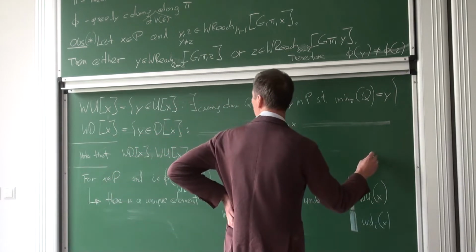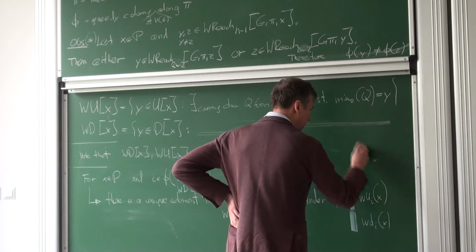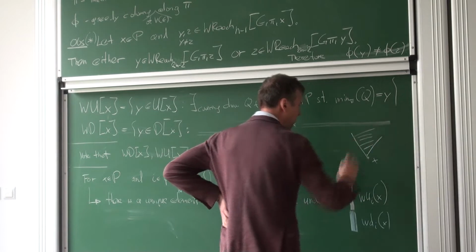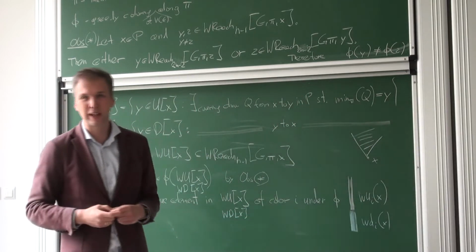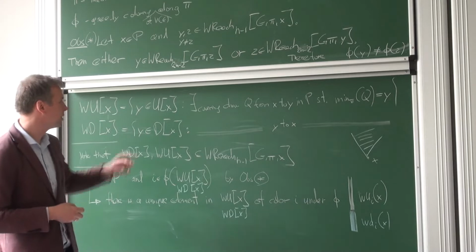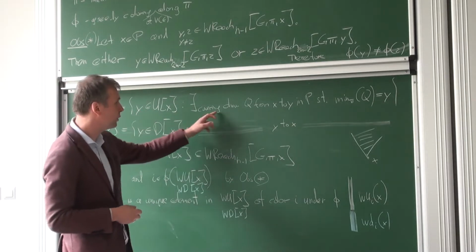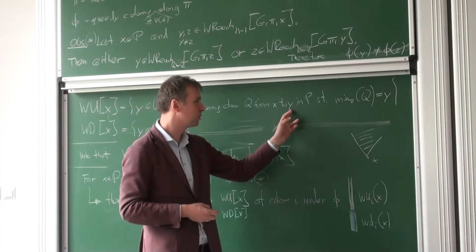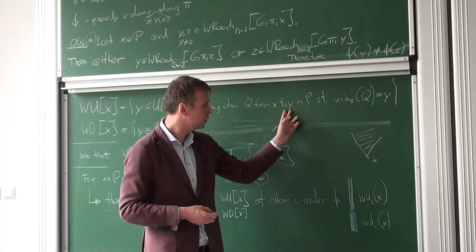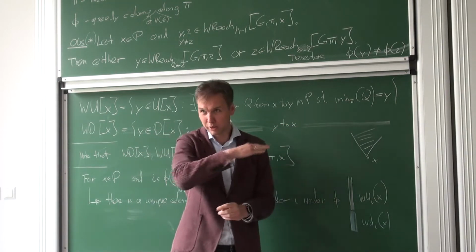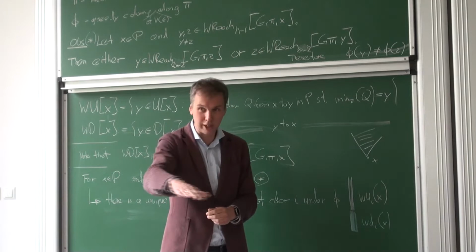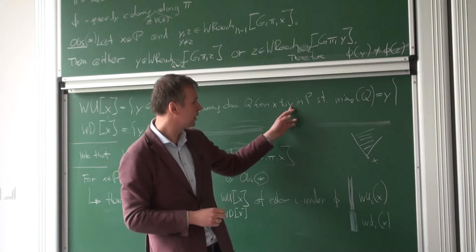So given x, you look at the upset of x, but you don't take everything. What you take are those elements for which you have a covering chain from x up to y, such that when you look at this covering chain, how does it look on pi? The final vertex is the leftmost one.